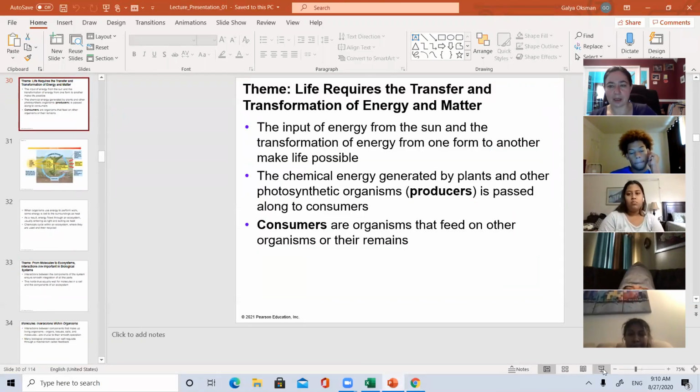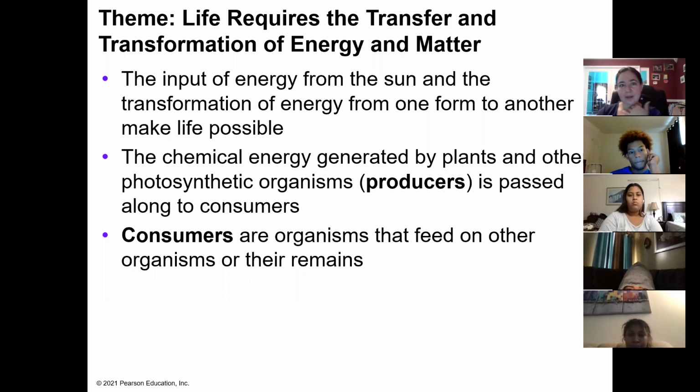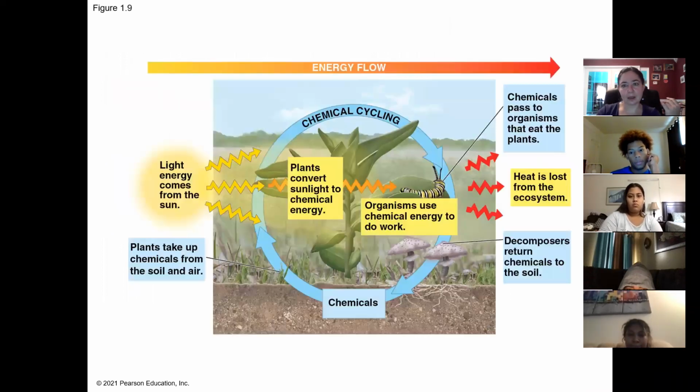Okay, so again, this is an overview. This is very general, and you're quite familiar with it. Energy flow: we all depend on the sun, right? Light energy is trapped by plants, which use light energy and carbon dioxide to produce food and oxygen.